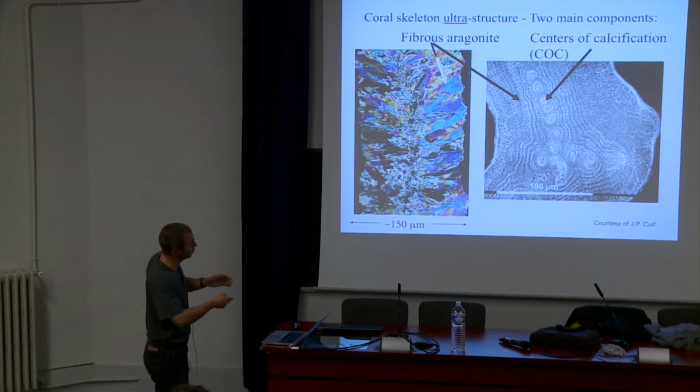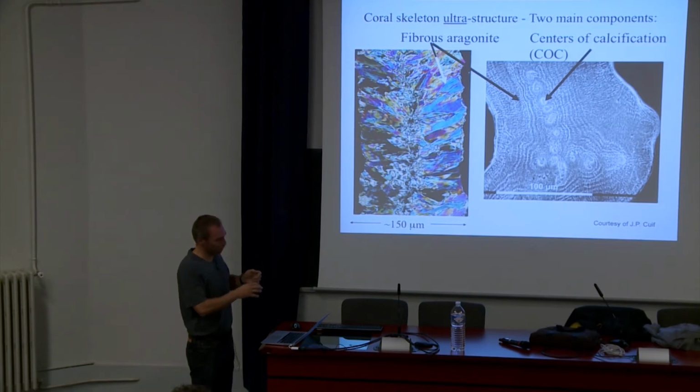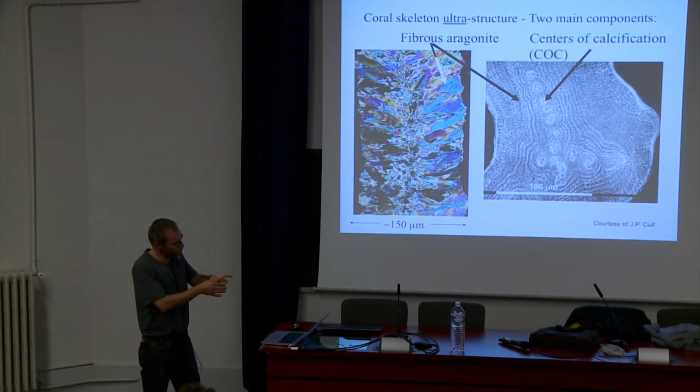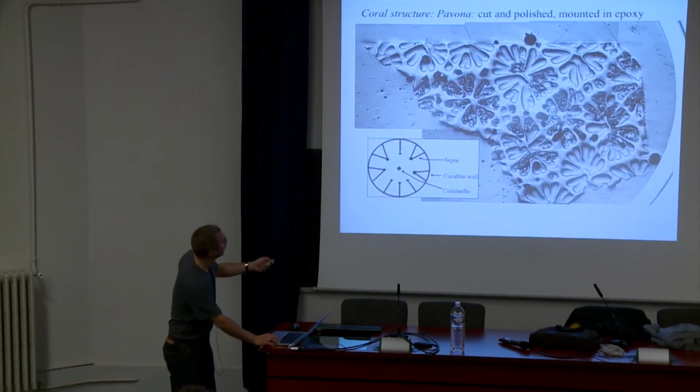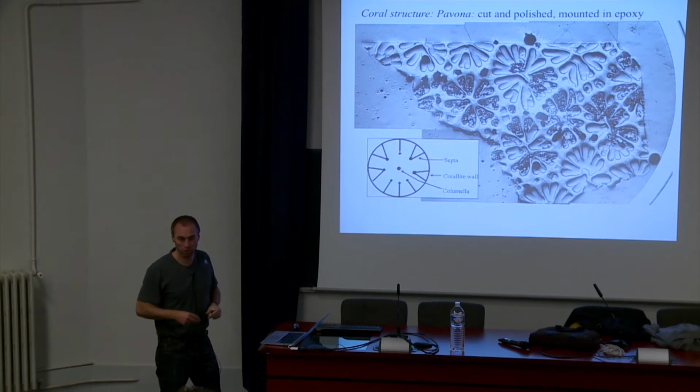There are different ways of calling this, but you can think of these as the distribution of centers of calcification, put down in the center of the septa like this, and along the wall, and that is the starting point for the construction of the skeleton.